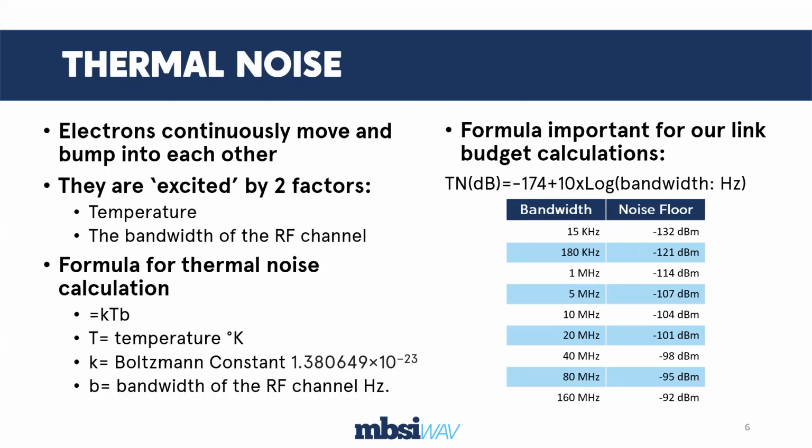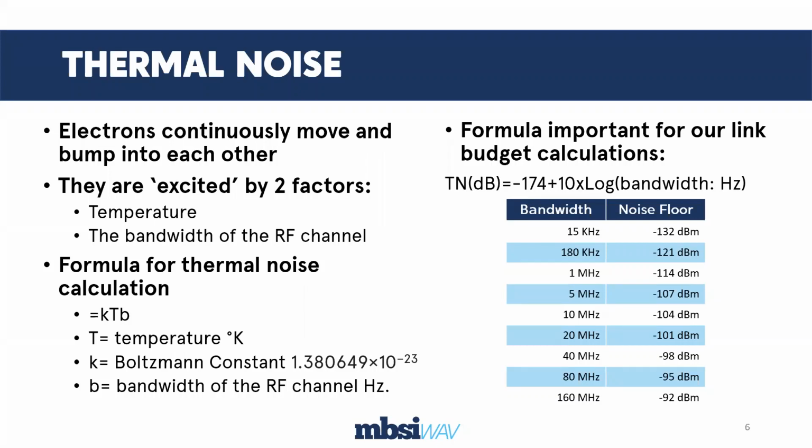There is a formula for thermal noise calculation. Quite simply, it's Boltzmann's constant times the temperature in degrees Kelvin times the bandwidth of our RF channel in hertz. So we can figure out what the power of the noise level is. On the right-hand side of this drawing, I simplified it a little bit.